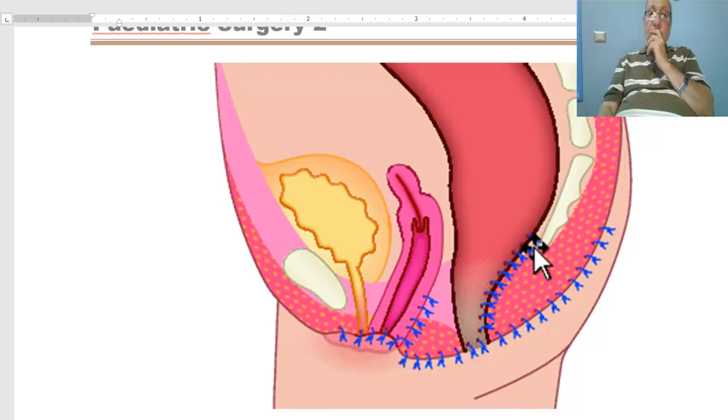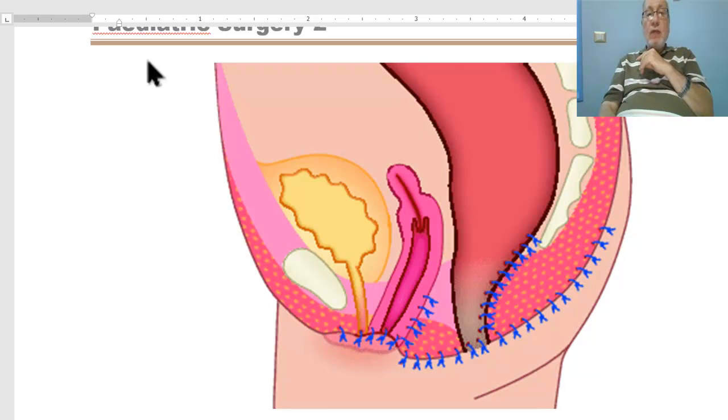Recently, nowadays, all this reconstruction is done in one stage. Recently, one stage repair by, as before, posterior sagittal anorectoplasty plus a laparoscopic approach.